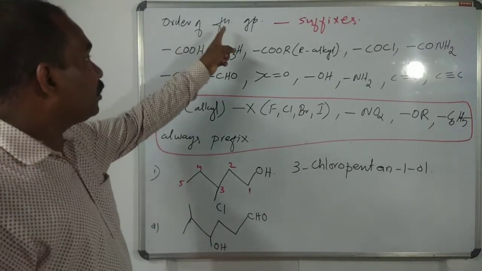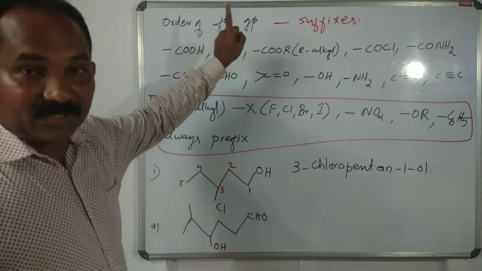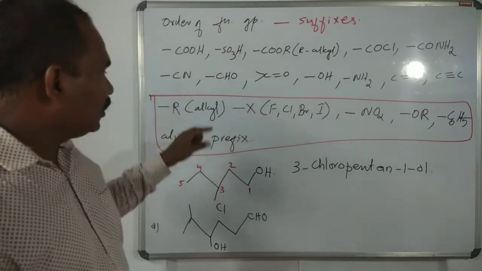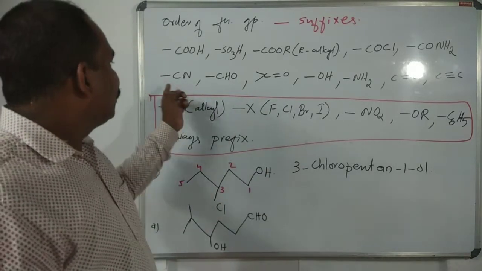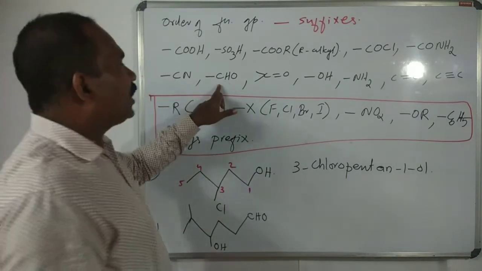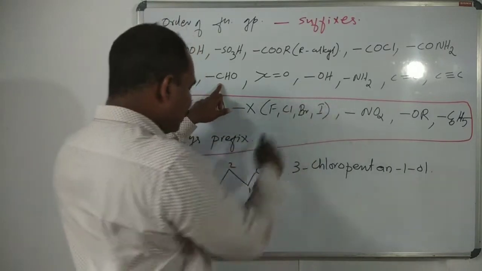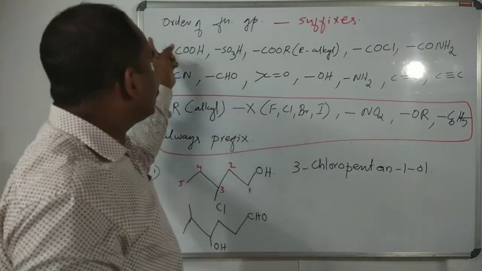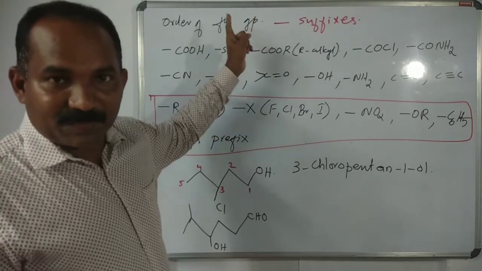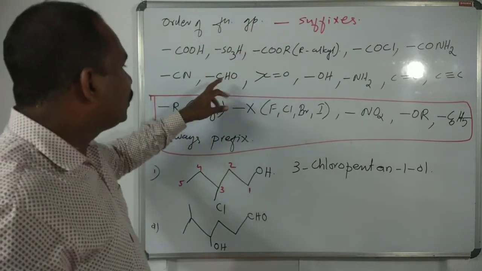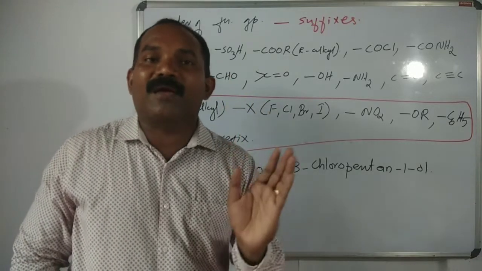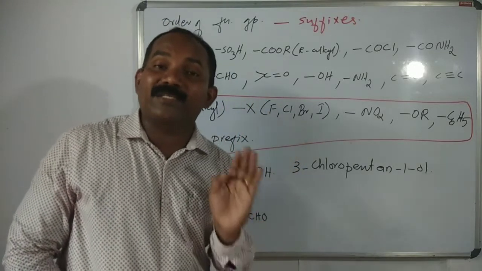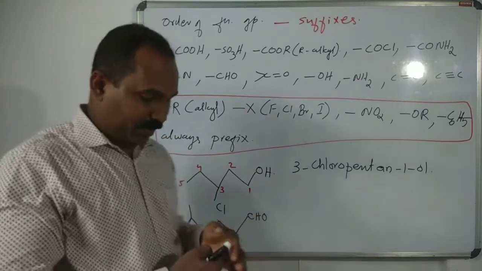According to the order of priority, which gets the priority? Aldehyde and alcohol are present in the molecule. According to the priority order, the priority is given to the CHO group.